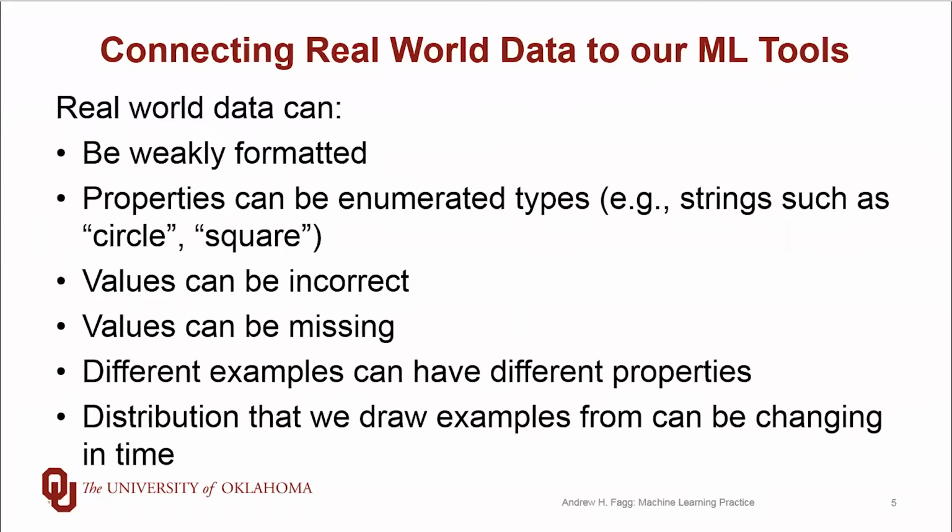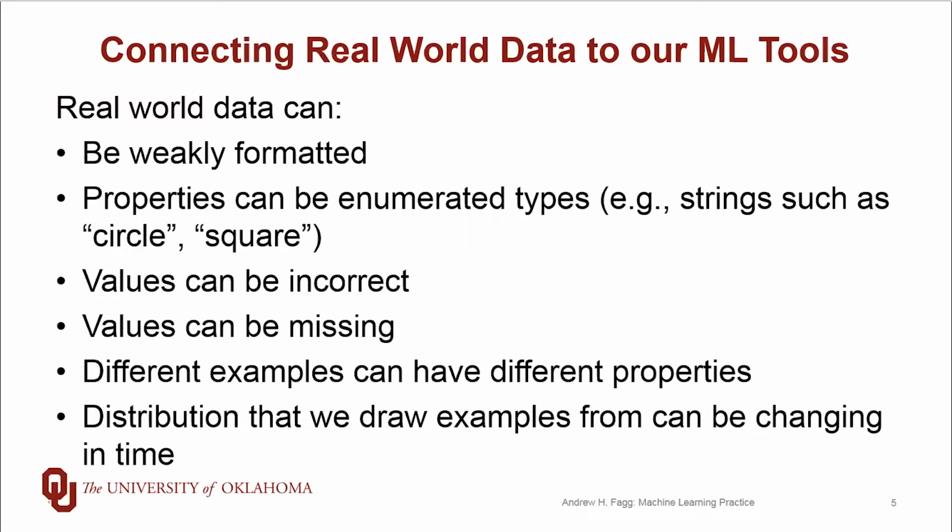Okay, so that's what our machine learning tools tend to assume. The real world tends to violate a lot of these assumptions. First off, data can be very weakly formatted. We may be getting things in terms of CSV files, comma separated value files, or they may be coming in some other format. Properties are not necessarily numerical.